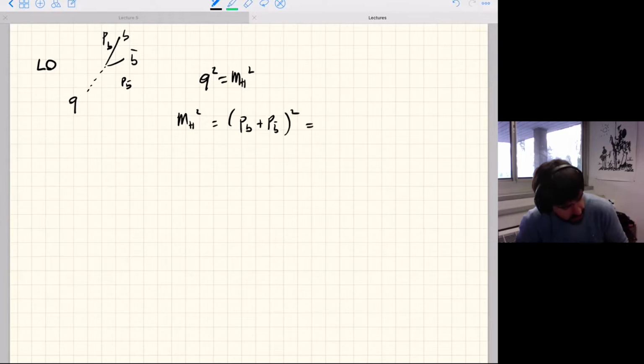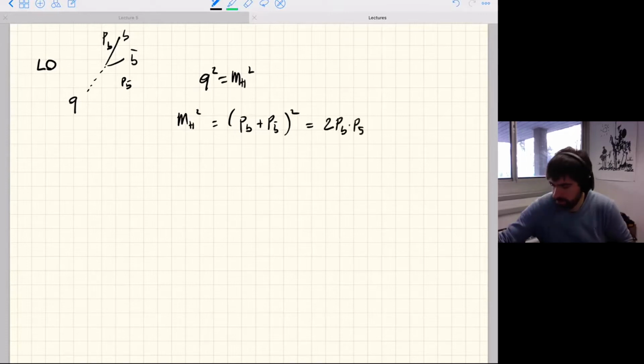So this will be mass of the b squared plus mass of the b bar squared, but in the very high energy limit, I can neglect this. So this will be p_b dot p_b bar. Okay, and how can I write this?